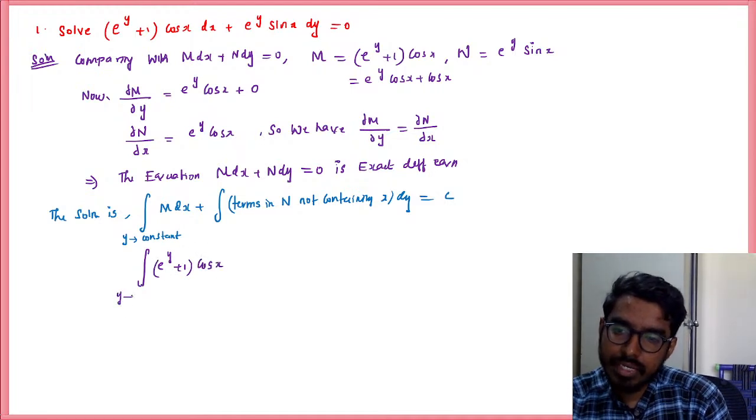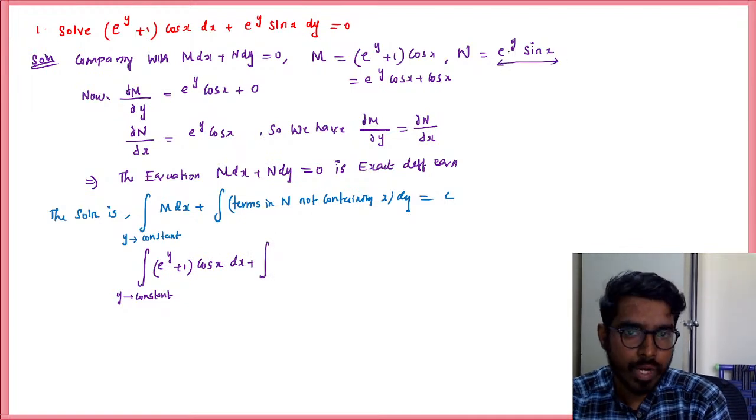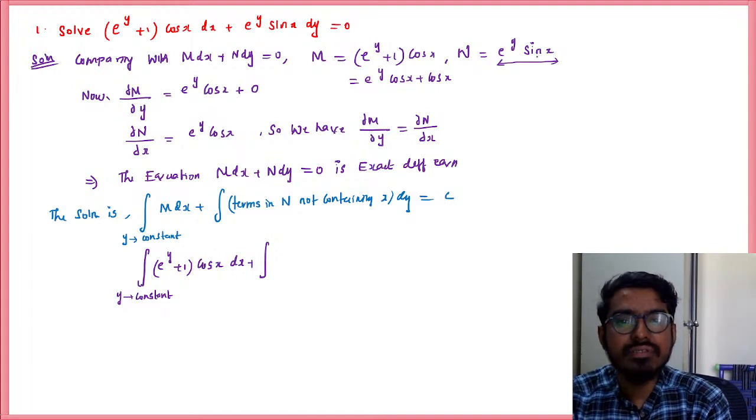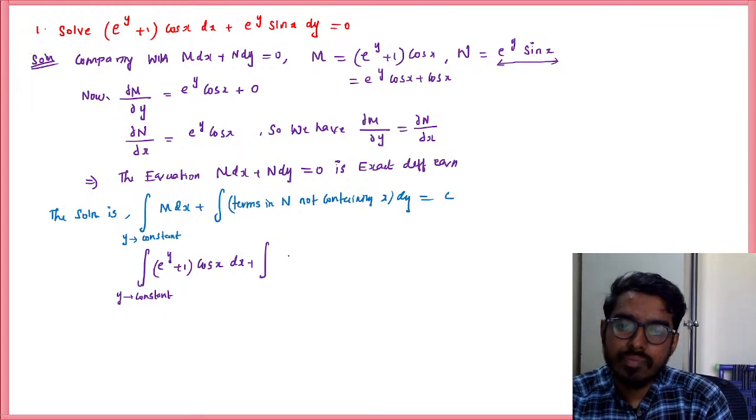This has to be integrated treating y as constant, into dx, plus terms in N not containing x. We have only one term in N, and this term contains x. Containing x means some function of x, right? So that means there is no such term.